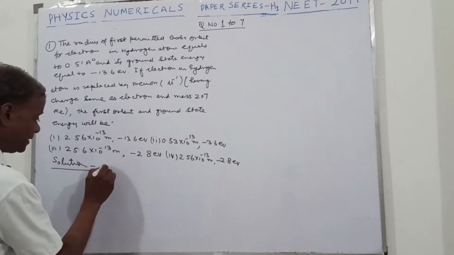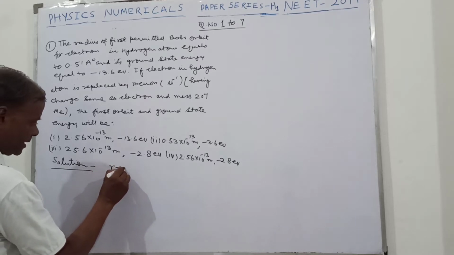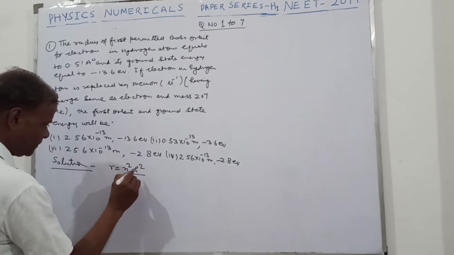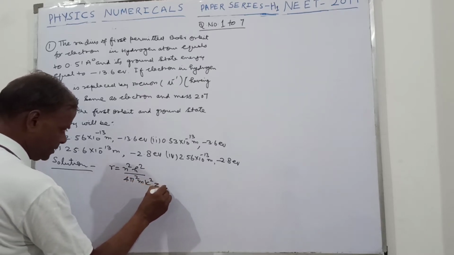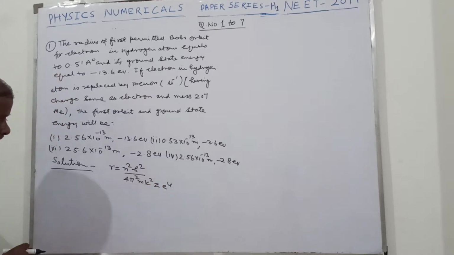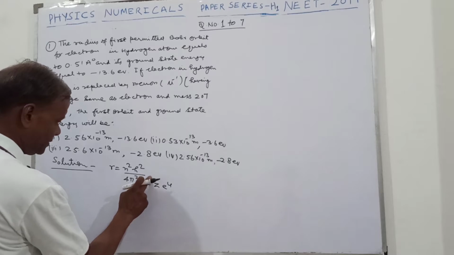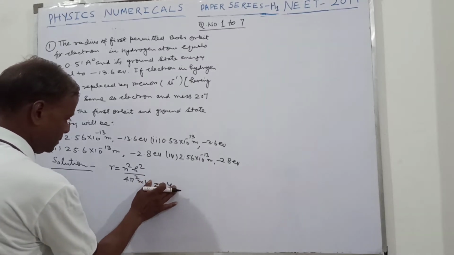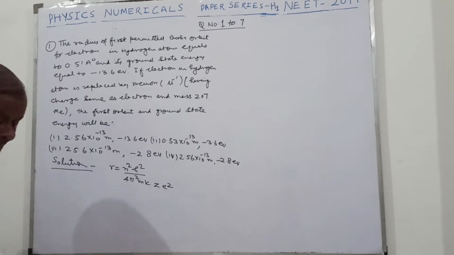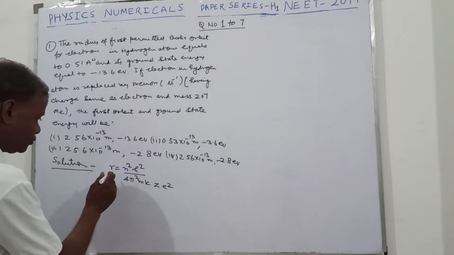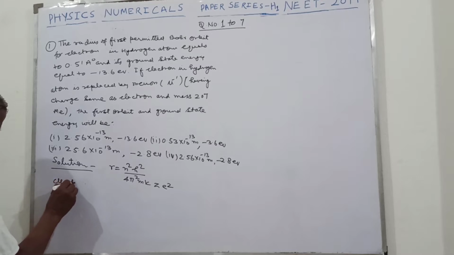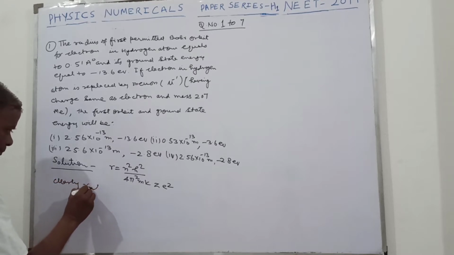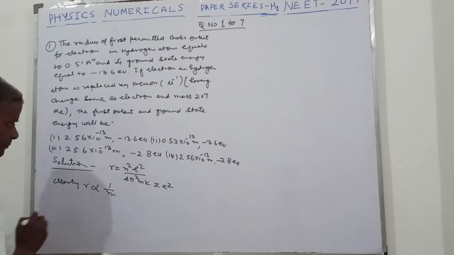We know that radius r equals n squared h squared upon 4 pi squared m k z e squared. So clearly r is proportional to 1 upon m.